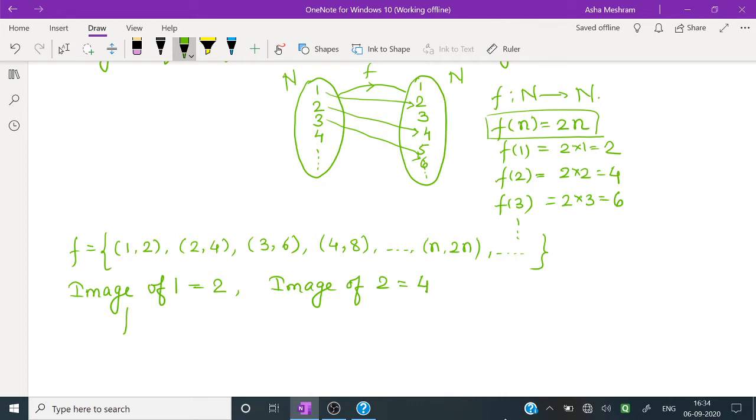Because what we are doing, we are writing f of 1 equal to 2, here f of 2 equal to 4. Sorry, it is not image. The 2 are the images. Let me correct it.